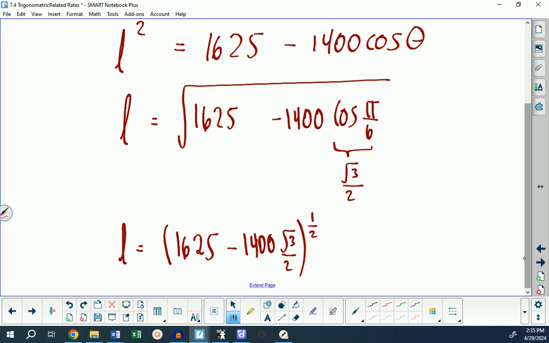Write square root. And then that 1400 over the 2 reduces to 700 on the top. So L is equal to the square root of 1625 minus 700 root 3, or 1625 minus 700 root 3 to the half.